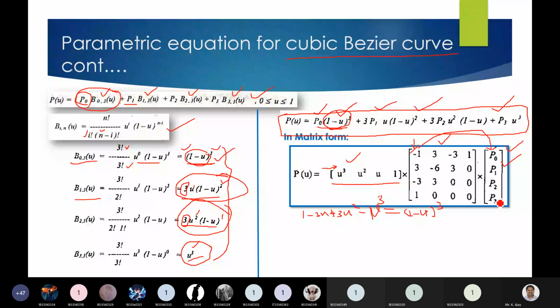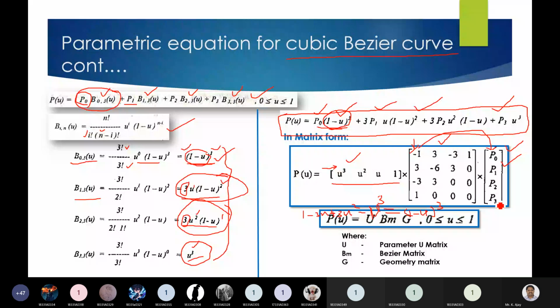So you can understand U is called the parametric U matrix. BM is this square matrix called the Bezier matrix. The last matrix, the column matrix, is the geometry matrix. Okay. I also want you to remember this Bezier matrix. In the previous class, you tried to understand the Hermite matrix, right? Denoted with HM, the Hermite matrix, that is also a square matrix, but the values are different.